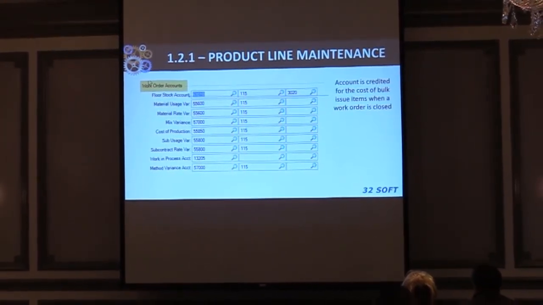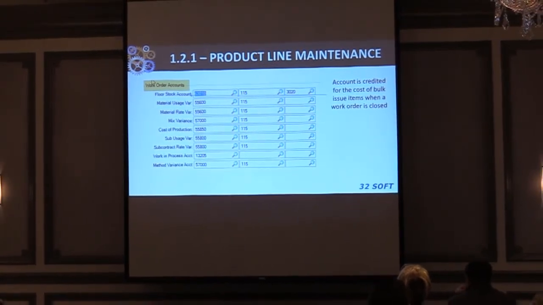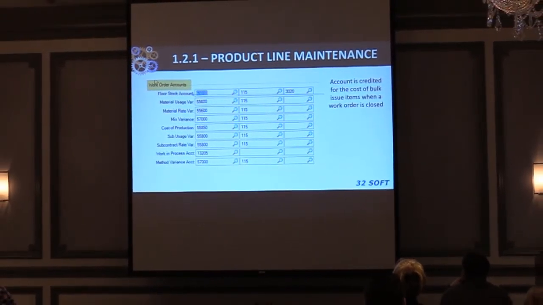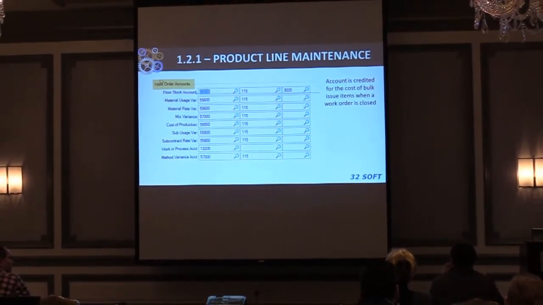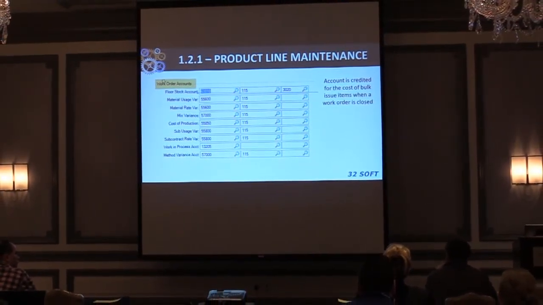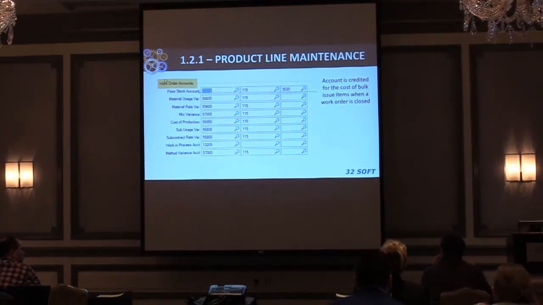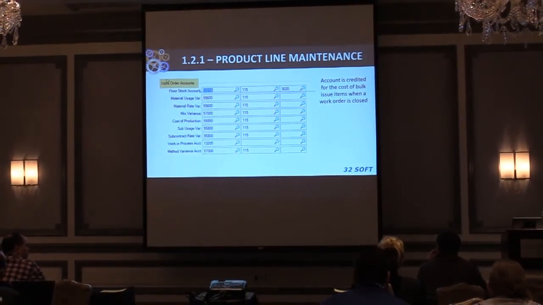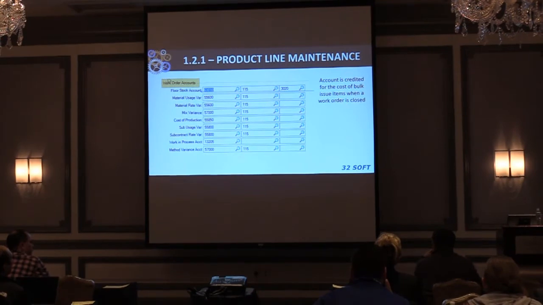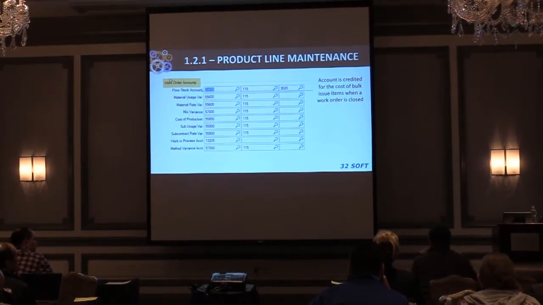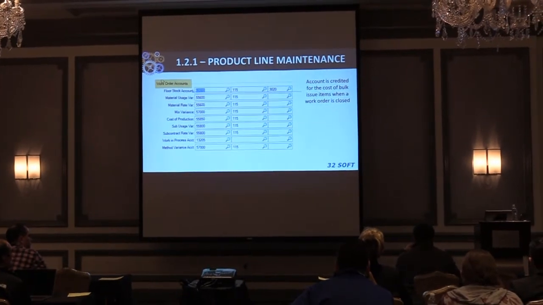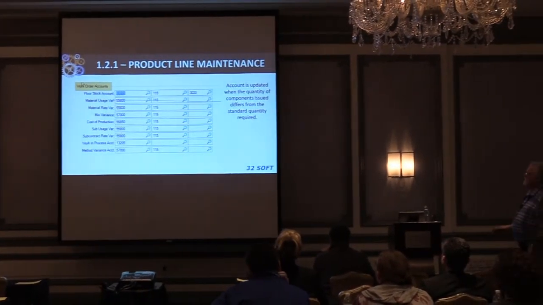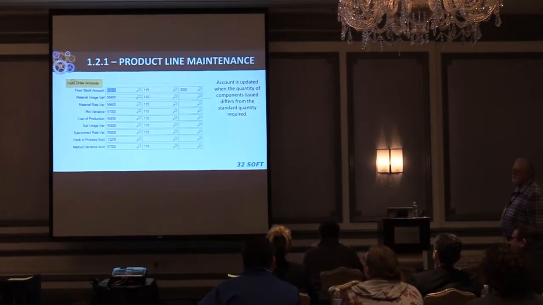The first is for floor stock. Remember the little checkbox on the bottom of 1.4.7 that says issue policy? If that's checked, then you issue the parts. If it's not checked, then that means that that's a floor stock item. And the backflush or the bulk value of that is going to be debited to WIP or work in process when you close the work order. There's material usage variance account.